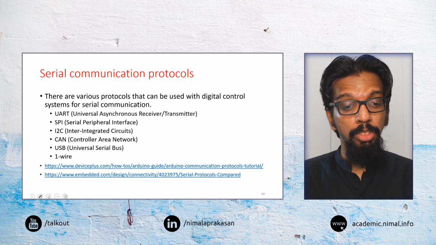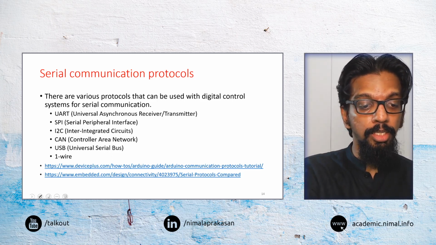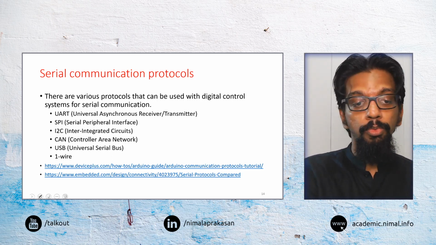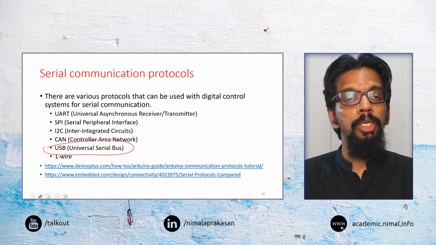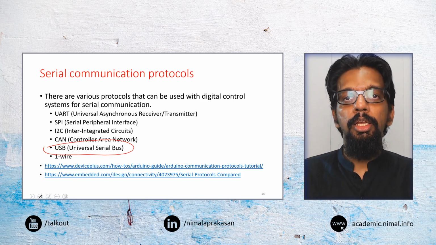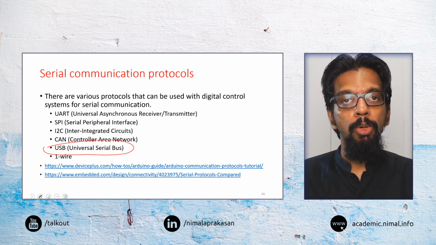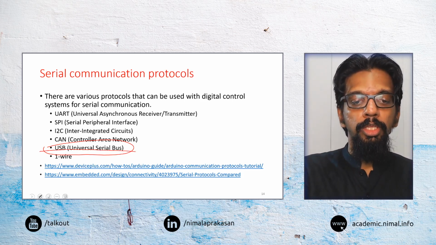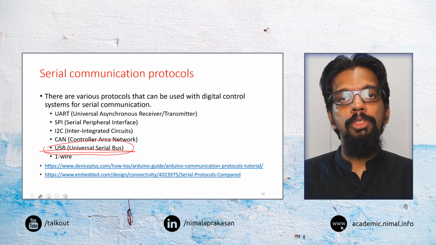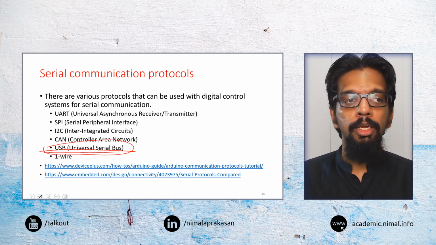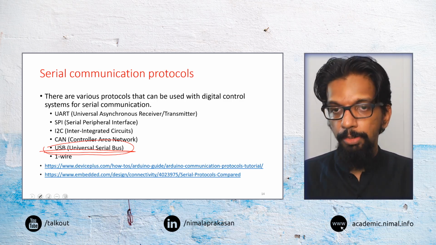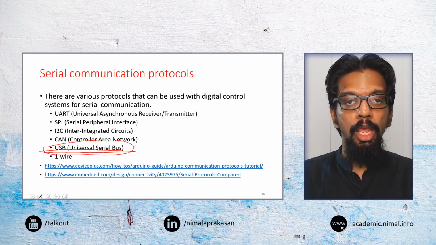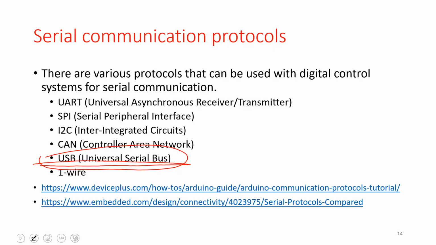And one of the most famous serial communication protocols that you all would know is USB, or the Universal Serial Bus. It is a serial communication protocol. So that is one of the most commonly used serial communication protocols in many types of computing devices, and you may have some devices lying around you even at this particular moment.